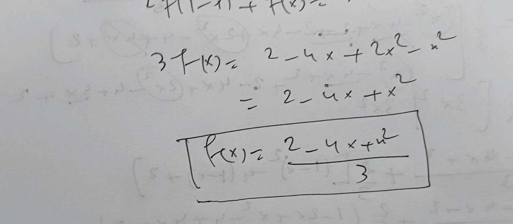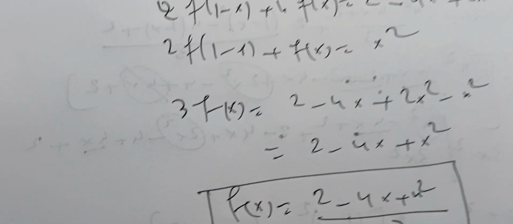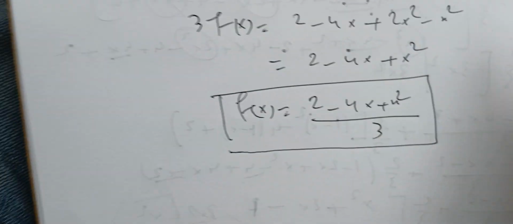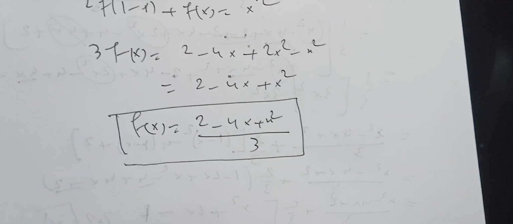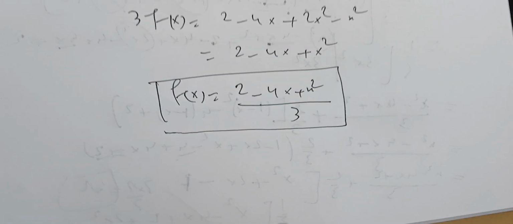Okay, so we got rid of the big problem, the f of 1 minus x, but we don't know if this is a solution of the equation. So we need to go back and plug it in and see if it satisfies the equation. If it does, it's a solution. Let's do it.